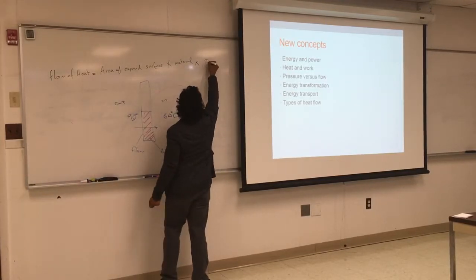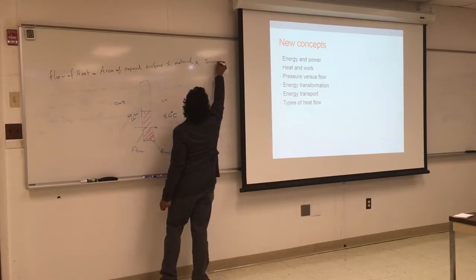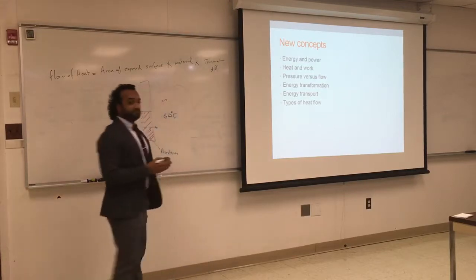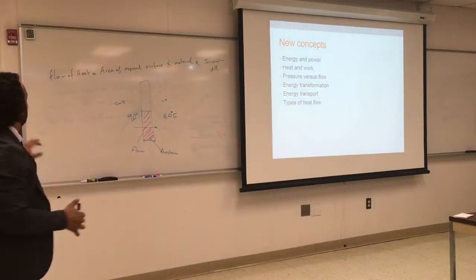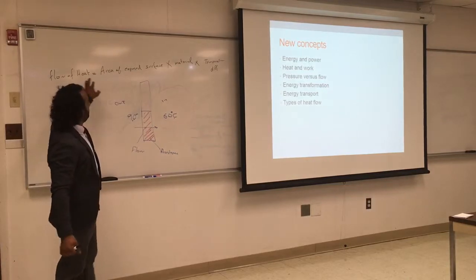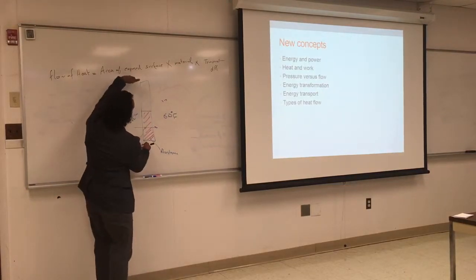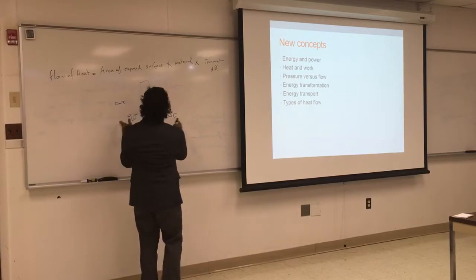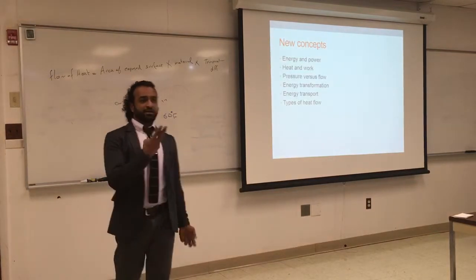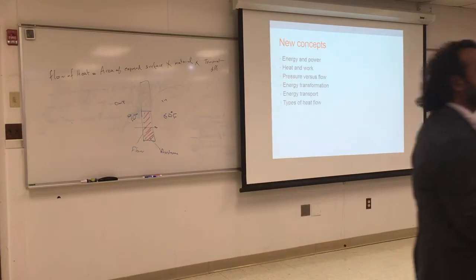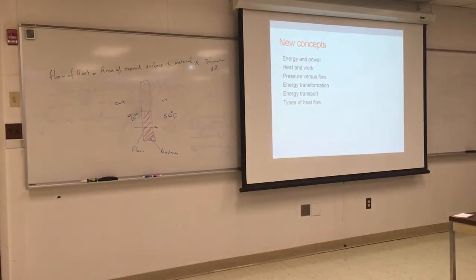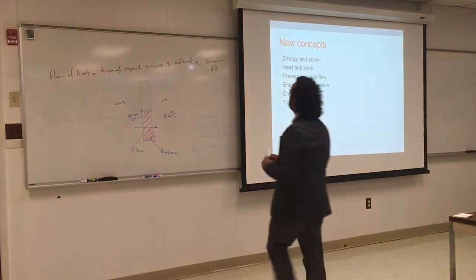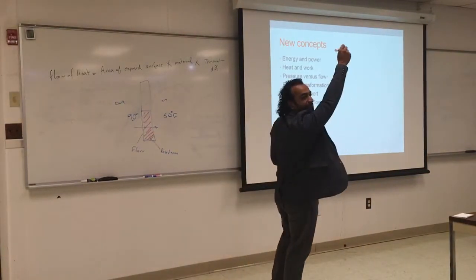Temperature difference. We agree? The flow of heat is a function of the area, how big the wall is, what the material of the wall is, and what the temperature difference is. Those three things are what we are going to use to manipulate heat flows: put insulation, reduce the area, reduce the temperature difference.